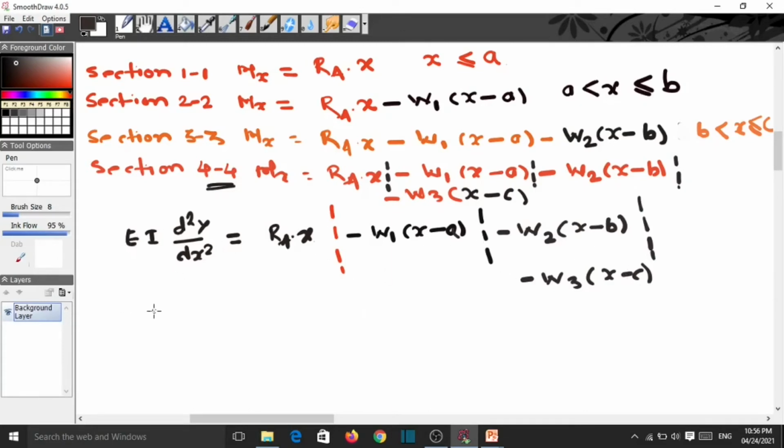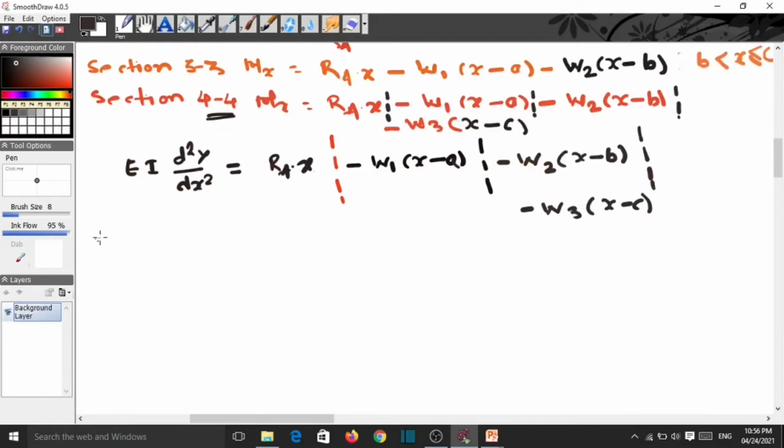Now the next step in Macaulay's method is to integrate both sides.